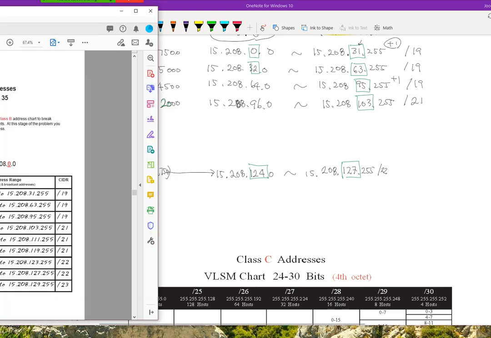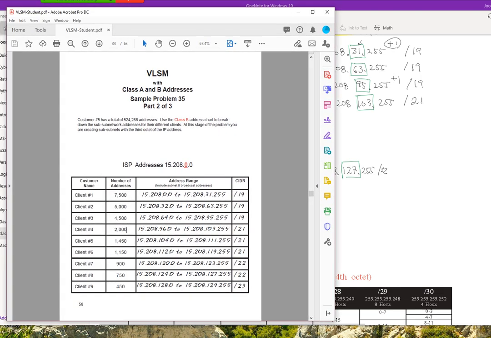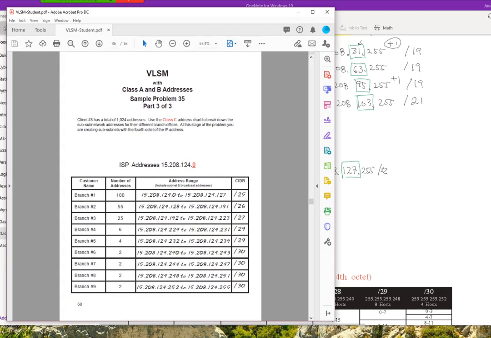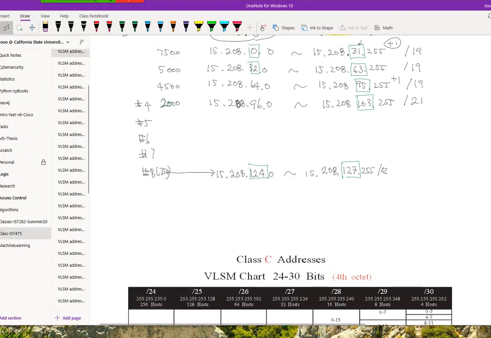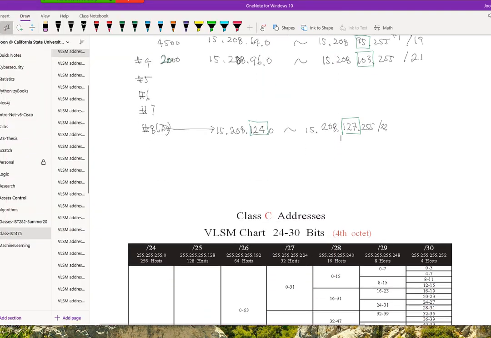Okay, so in the next part, part number 3, client 8 has a total of 1024 addresses, right? And I think /22.